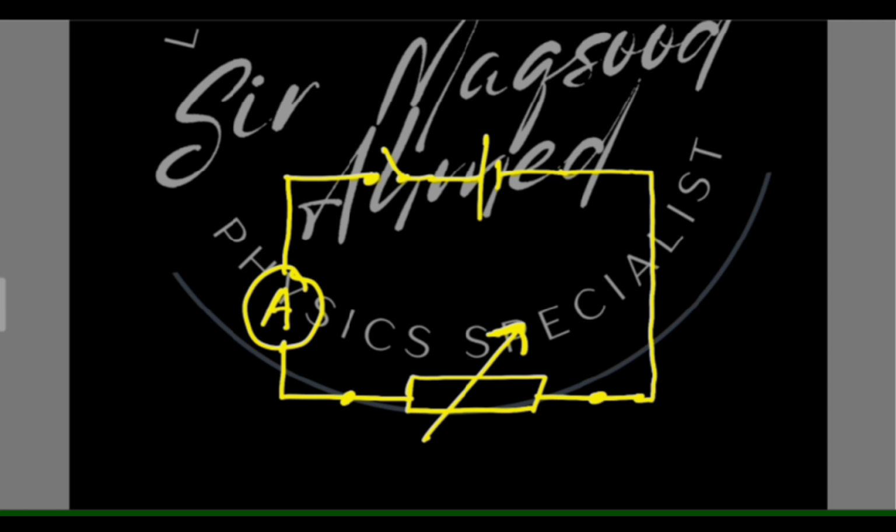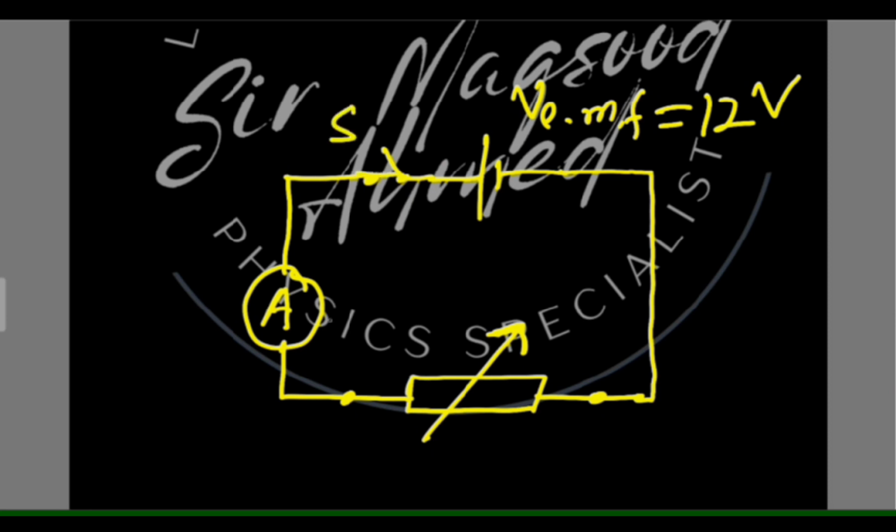Now the second point: how the resistor is used to control the current in the circuit. For this we will discuss the diagram as shown. In this diagram again we have a battery which has a constant EMF of 12 volt.